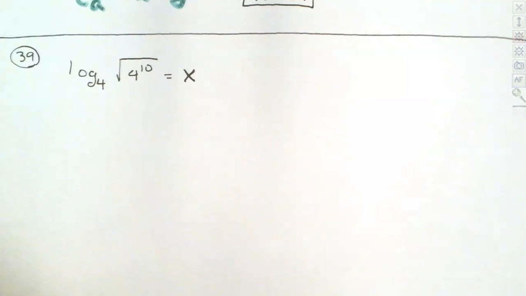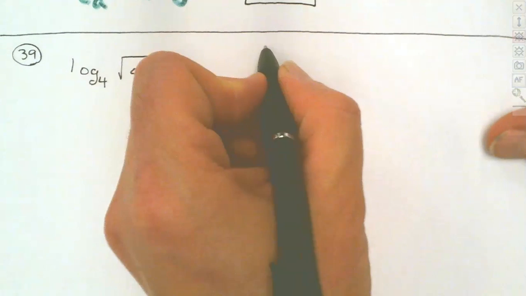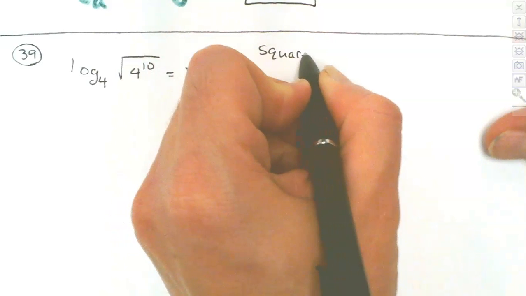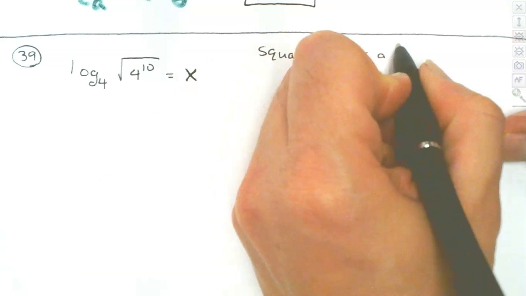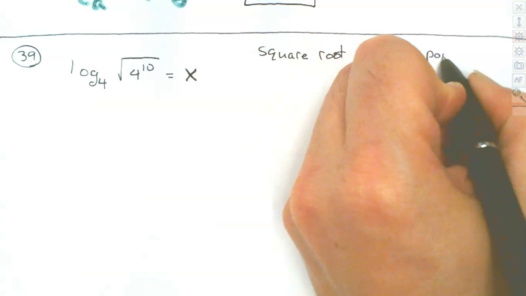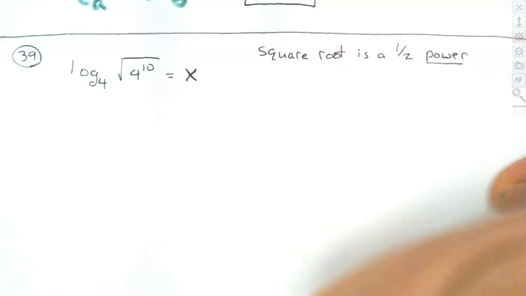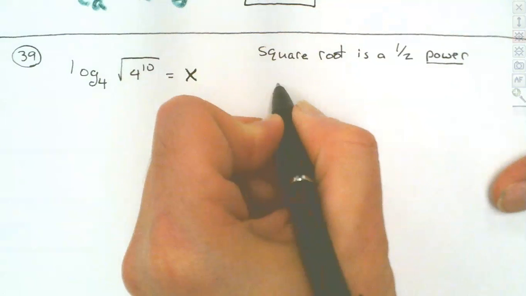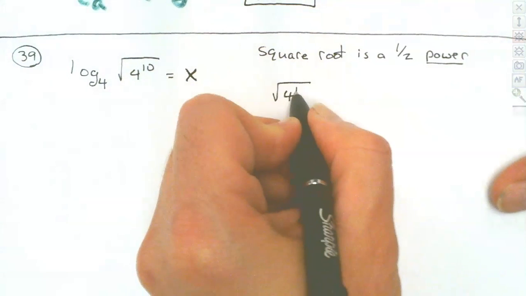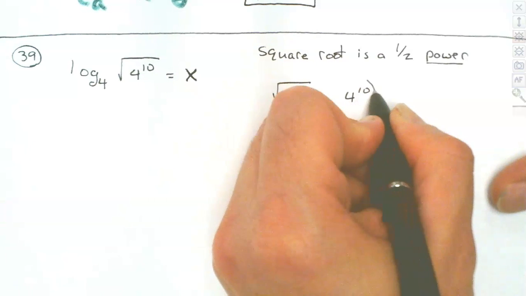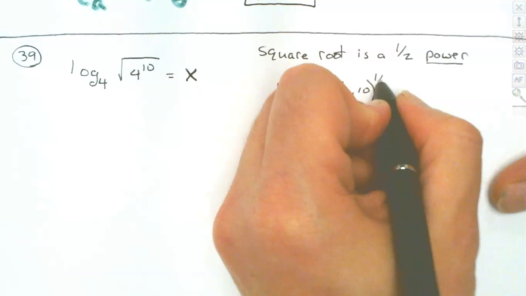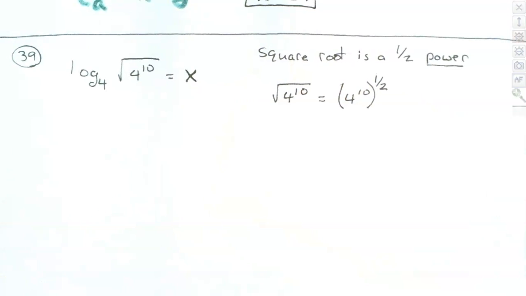Well, a square root is a half power. So we can rewrite our square root as a half power. So when I look at the square root of 4 to the 10th power, I can rewrite that as 4 to the 10th power with a half outside, because square roots can be turned into a half power.